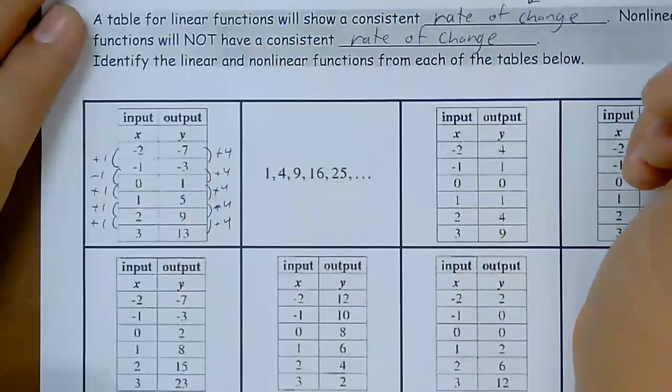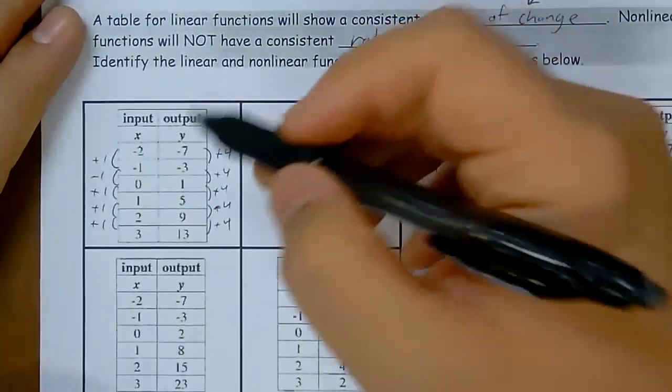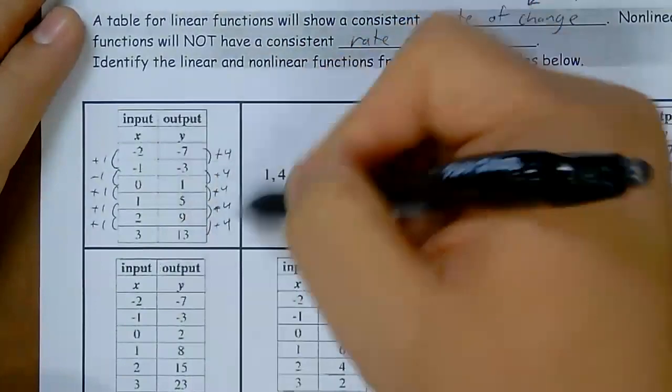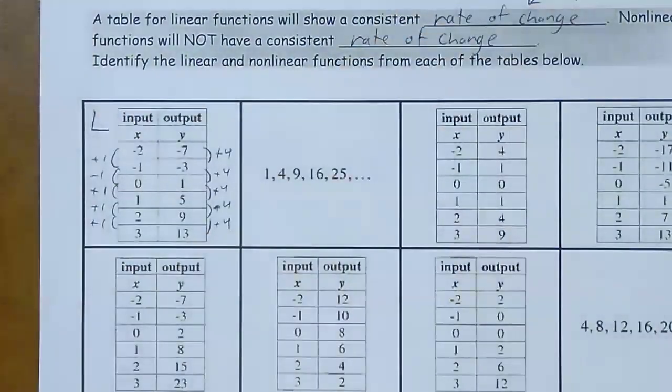Are our y values changing at a constant rate as well? Yes. So if x is changing at a constant rate and y is changing at a constant rate, we know this is linear. What we've basically done is realize that the slope is remaining the same between all of the points.